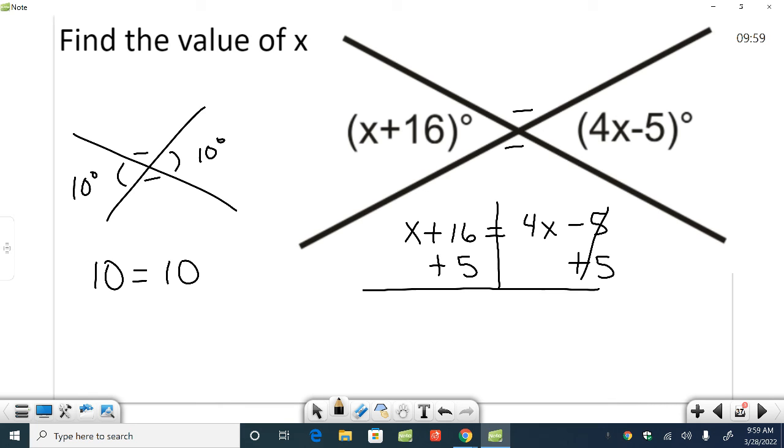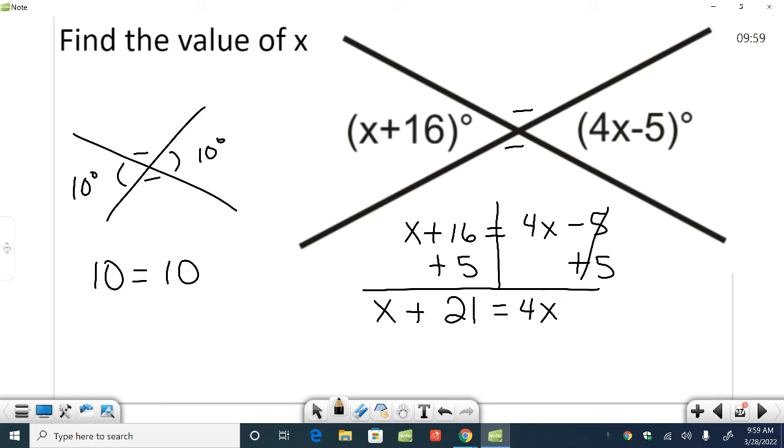Those two cancel out. 16 plus 5 is what? 21. So this is now x plus 21 equals 4x. Do you see what I did? All I did was combine the numbers that did not have a variable and put them on one side.